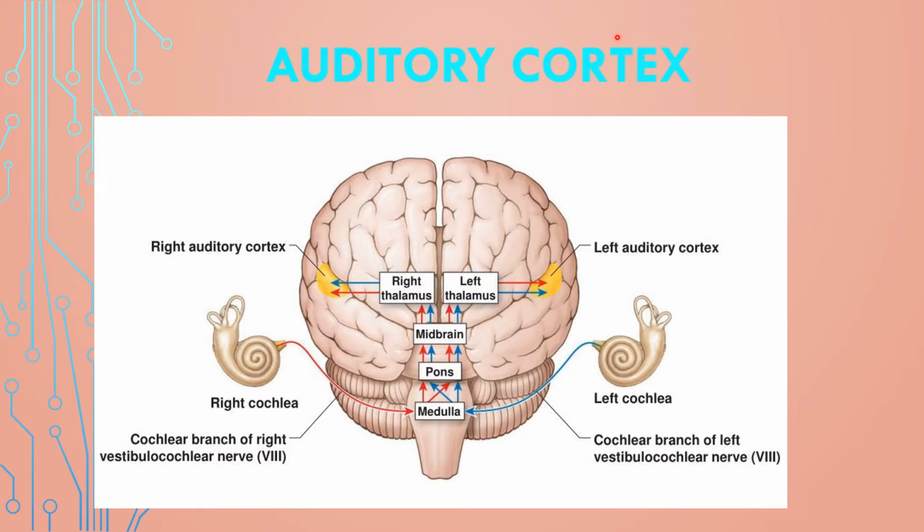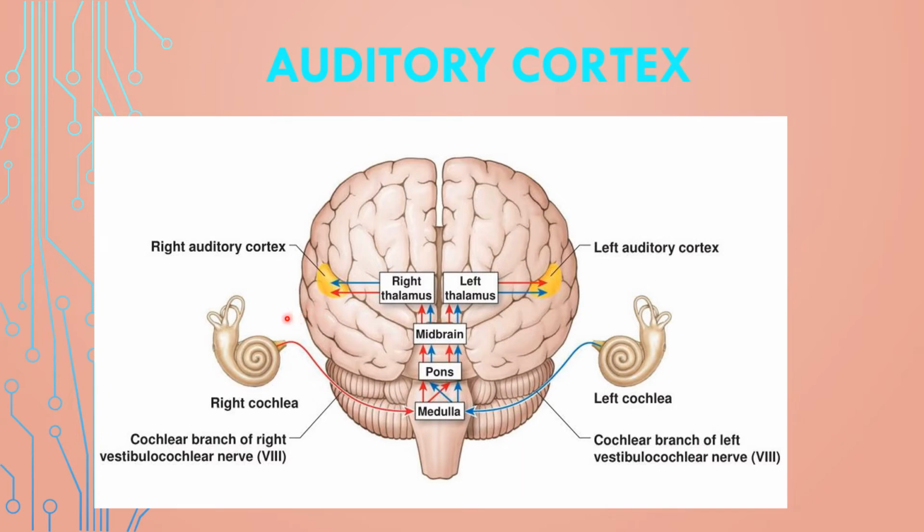Similar to the visual system, here also evidence shows that the information from both ears is sent to both halves of the brain. It is not like the left cochlea sends messages to the right brain and the right cochlea sends messages to the left brain. It doesn't work like that.